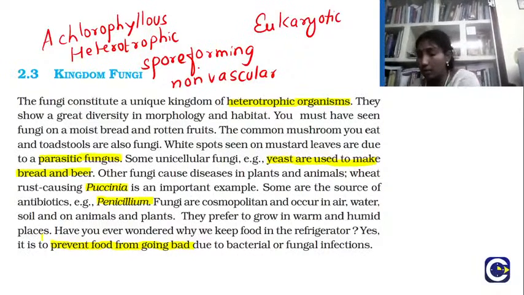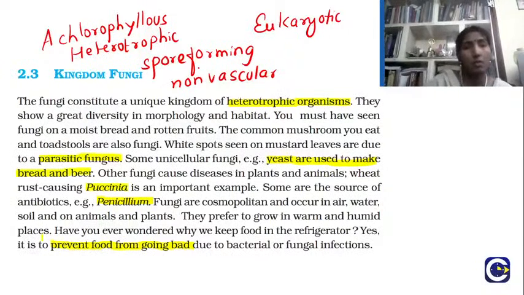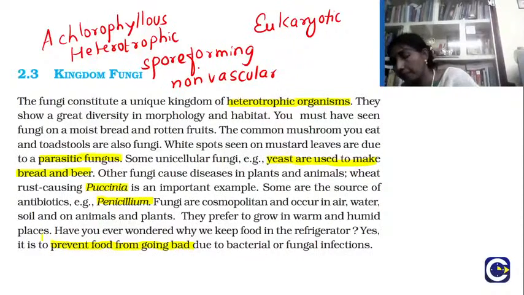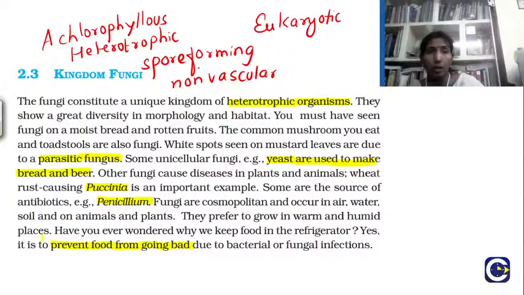Just 1 minute. So it has got that absorptive type of nutrition. Just 1 minute.